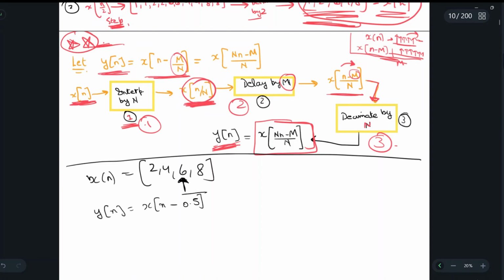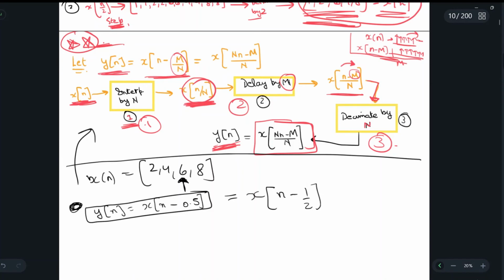Now compare this question with the concept that we discussed earlier. Can I write this as x of n minus 1 by 2? Yes, it's the same thing. Here 1 represents capital M and here 2 represents capital N.